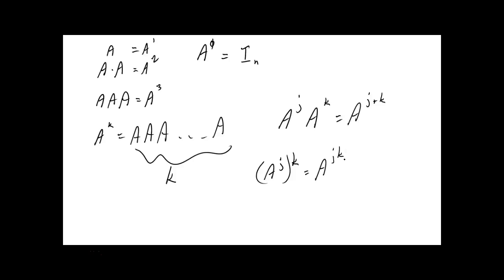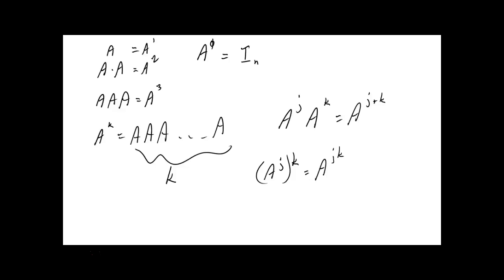You multiply the exponents. So here's what this would be. A to the j would be A times A times A, j times. And then another one would be A times A times A, j times.